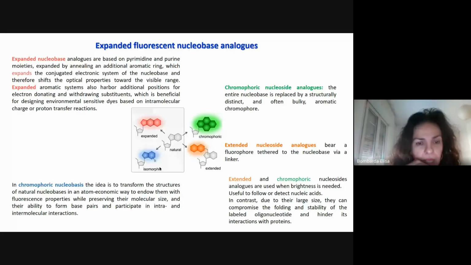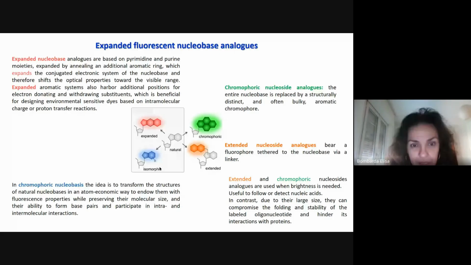The idea is practically to transform the structure of the natural nucleobase in an atom-economic way, so really just maybe a single atom substitution, and the nucleobase practically maintains its form. That is actually quite interesting, because for this kind of fluorescent nucleoside analog, the base pairing ability is maintained, as we will see.